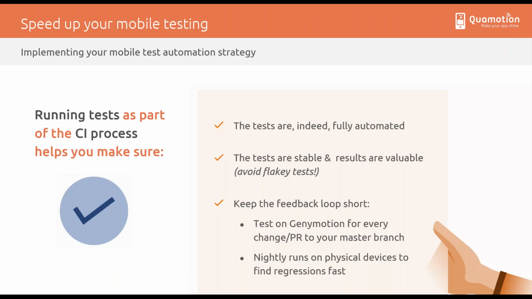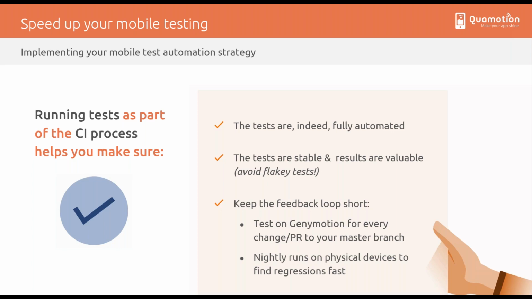So if you are already into automating your tests, the Quamotion solution will be able to help you fully automate your tests through easy automated test creation and plugins to easily connect to Quamotion solutions from a CI server and run those tests on either Genymotion virtual devices or physical devices. You will see with Frederick's demonstration that there will be no manual steps required to run those tests. You will just need to run your CI job and your tests will run.